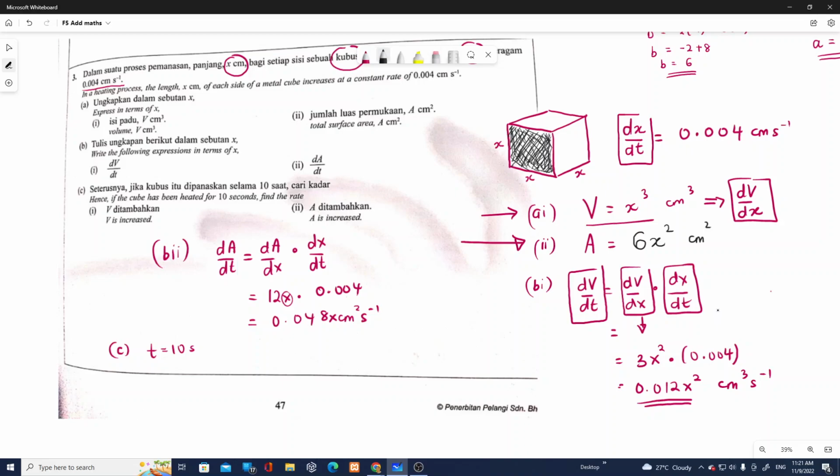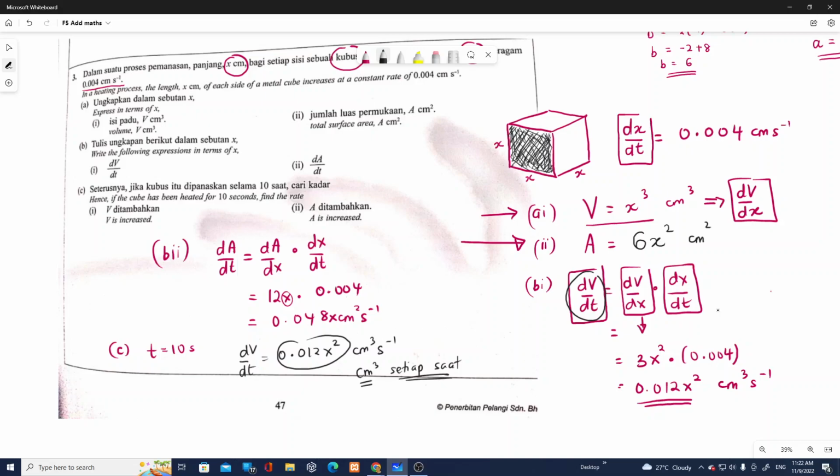Dalam B1, kita punya kadar perubahan isi padu dV over dt ialah 0.012x kuasa 2 sentimeter padu sesaat, cm padu s tolak 1. Apa maksud dia? Maksudnya cm padu setiap saat. Isi padu bertambah sebanyak 0.012x kuasa 2 cm padu setiap saat.